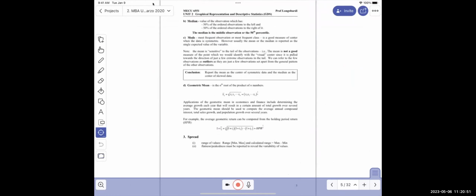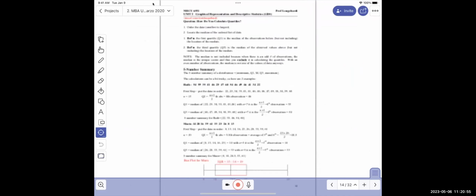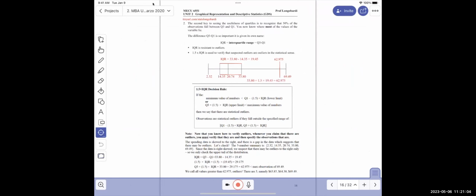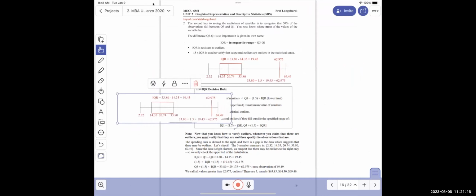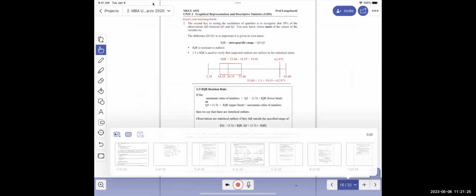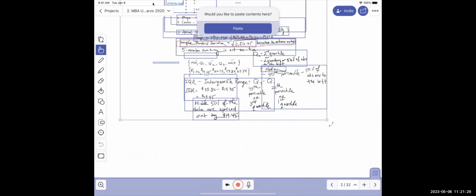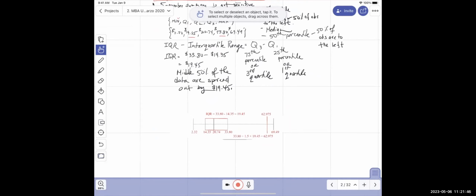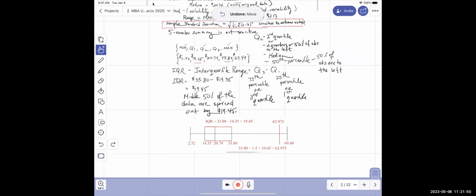Okay, so let me grab my drawing because it works very well to show you the data. This is the one. All right.